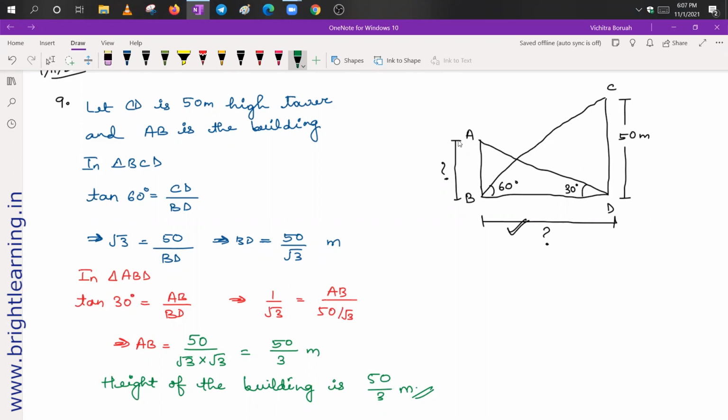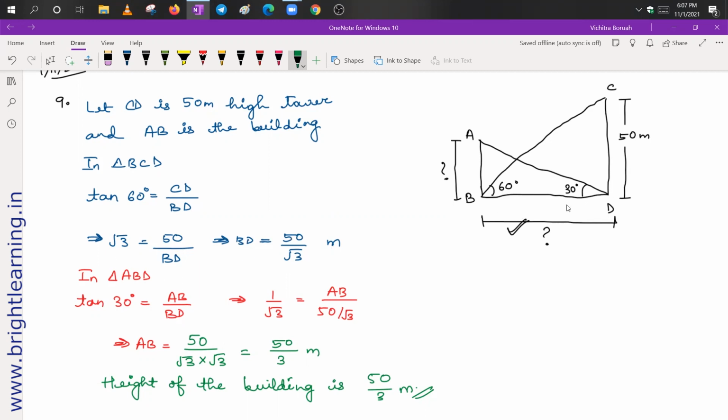We have to find the height of the building. First, we found the distance between the tower and the building. Using the trigonometric ratio tan 60 degree, we got 50 upon BD, and simplifying it, we got the value of BD.